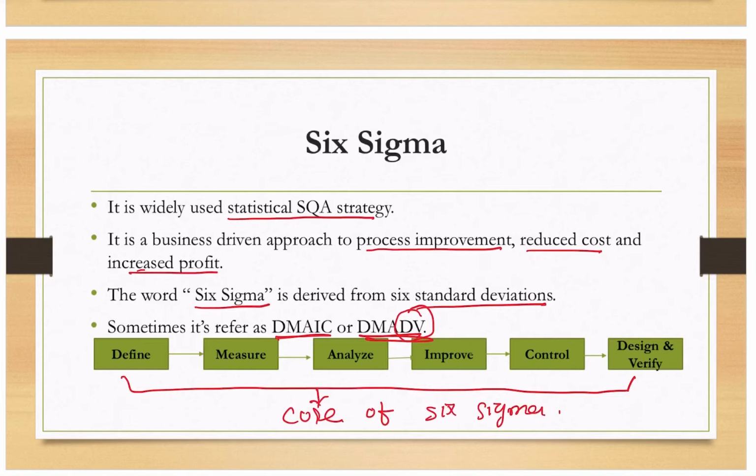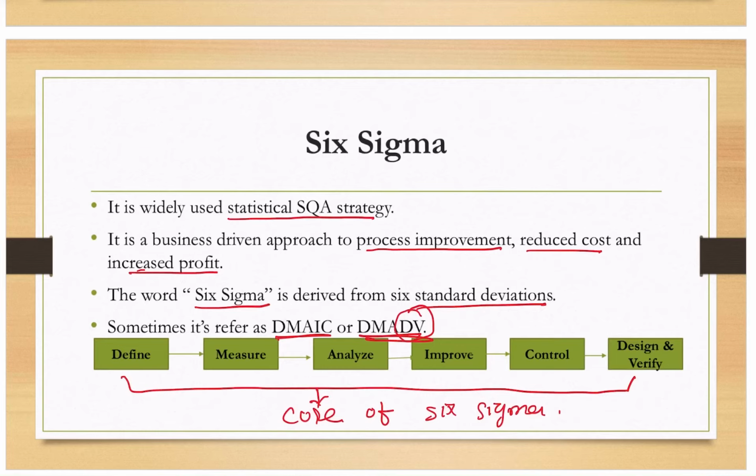In this, the first step is define. In define, the customer requirement, project goals and deliverables are defined by communicating with the customer, right? Now, the second step is measure.